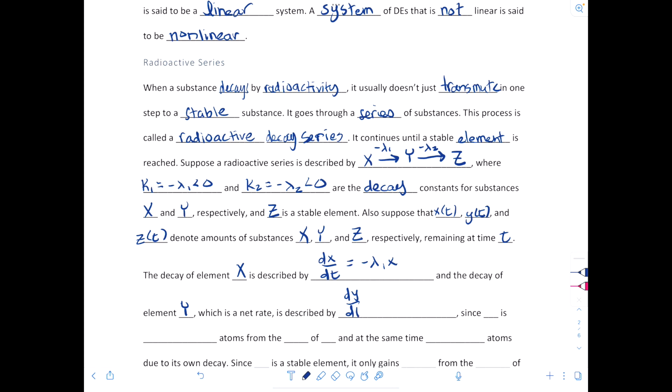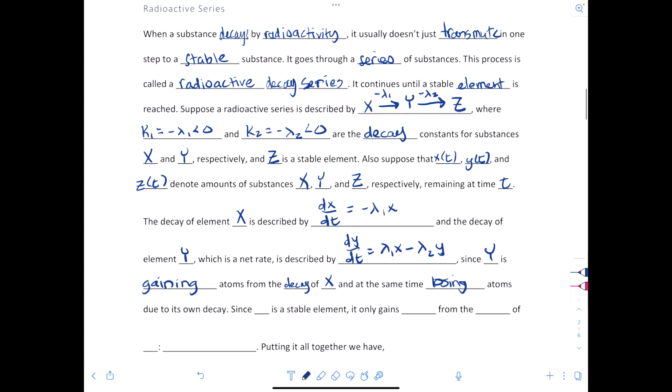So we'd have dy/dt: lambda 1 times x is being added, but then Y is losing lambda 2 times y, since Y is gaining atoms from X and at the same time losing atoms due to its own decay.